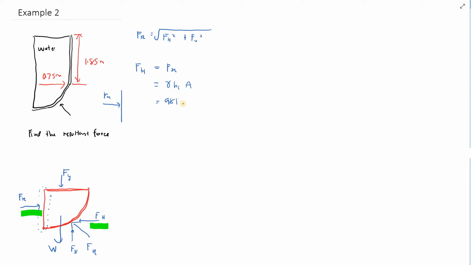Gamma is 9.81 kilonewton per meter cube. The Hc, remember the definition of Hc? Hc is always the vertical distance from the liquid surface to the centroid. Now this length is 0.75, so 0.75 divided by 2.